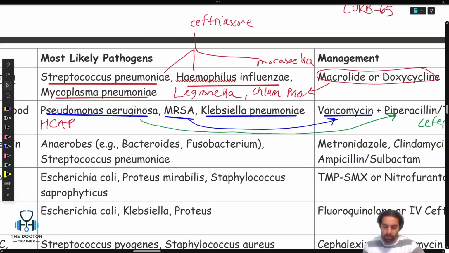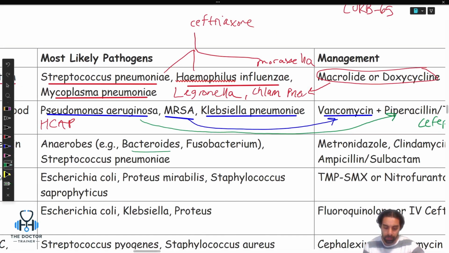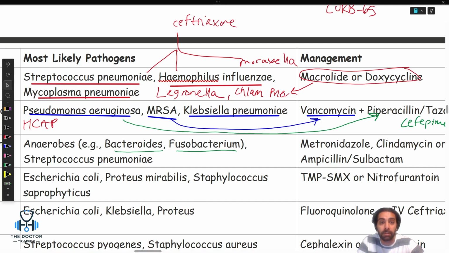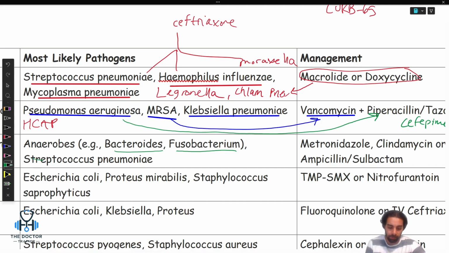For anaerobes, you have all of your oral anaerobes: Bacteroides, Fusobacterium, Peptostreptococcus. Strep pneumo can possibly be in there, but usually that's not the one that's being gram stained, and that's not the one that's specifically being treated, so I wouldn't focus on this one too much.